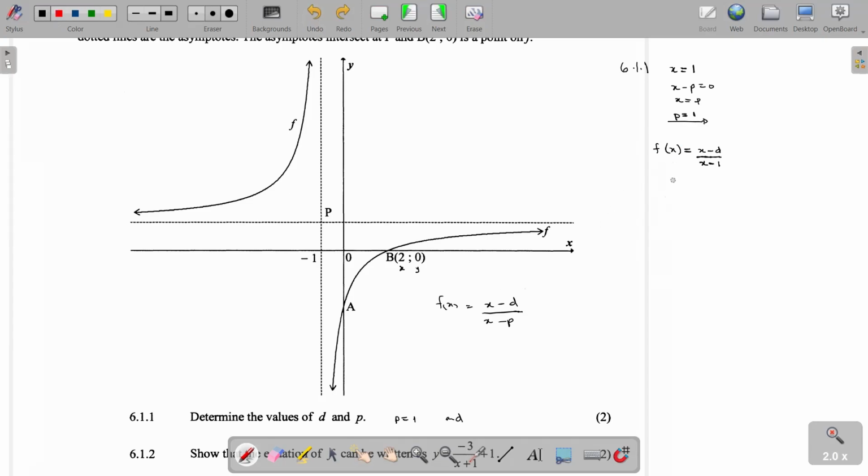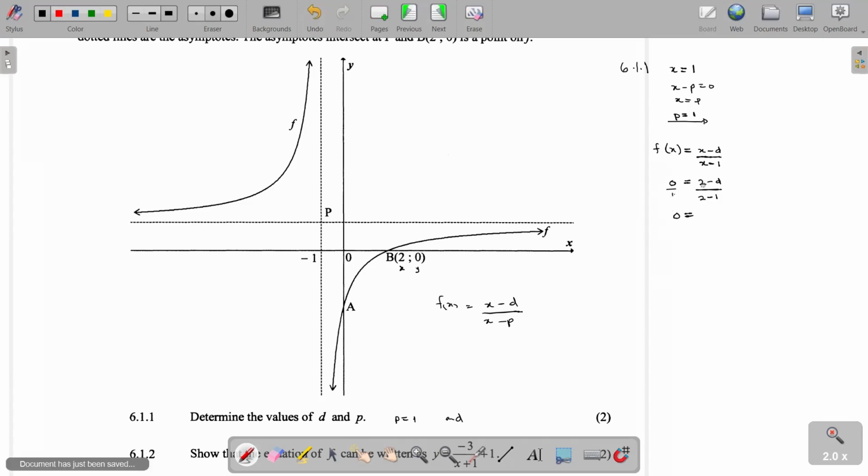So 0 is equal to (x minus d), but our x is 2, so 2 minus d divided by 2 minus 1. When we cross multiply, we are left with 0 is equal to 2 minus d, because it is over 1.